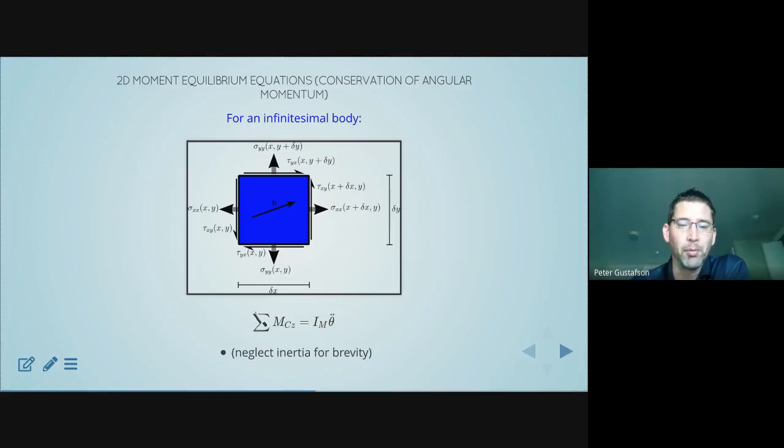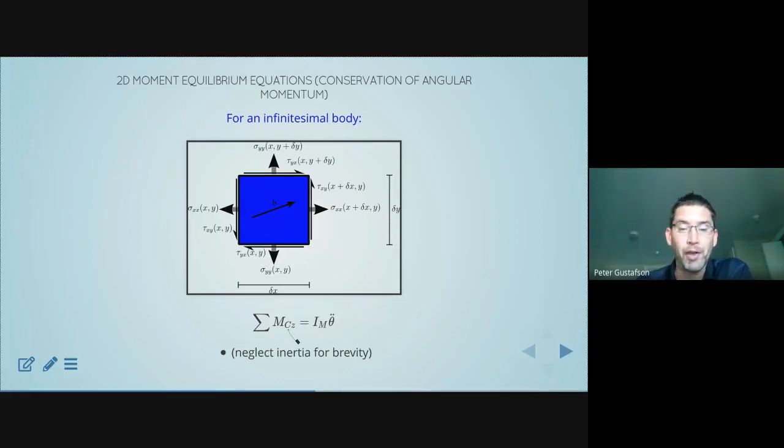So moment equilibrium is expressed this way. It's a very similar expression to force equilibrium. So the sum of the moments is equal to some inertial term. Previously it was mass. Now I'm calling this the mass moment of inertia, times the second derivative of theta. That's a rotational acceleration.